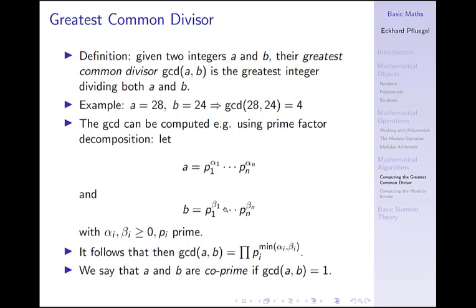And once you've got that, it's quite straightforward, because then the GCD is simply the product of the powers of the p i, but you take the minimum of the exponents, the minimum of the alpha i and the beta i. So that's the idea behind it, and it looks more complicated than it actually is.